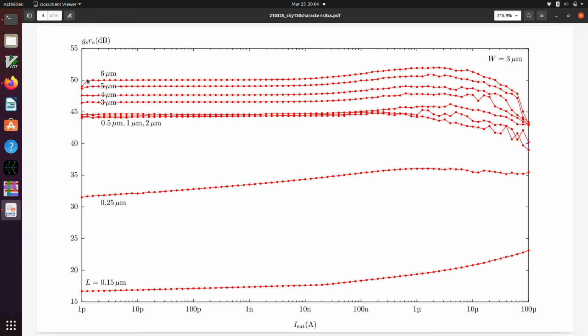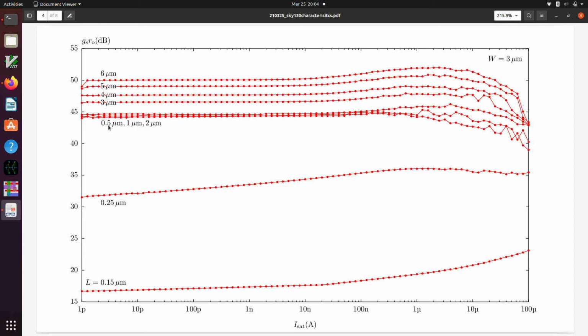So for the NMOS transistors, you're going to have a hard time making a current source without doing things like cascoding or using regulated cascodes, even if you use pretty long channel lengths. So you're not going to do very well using something like a half micron channel length, and you're certainly not going to do much better by going up to 2 microns here.